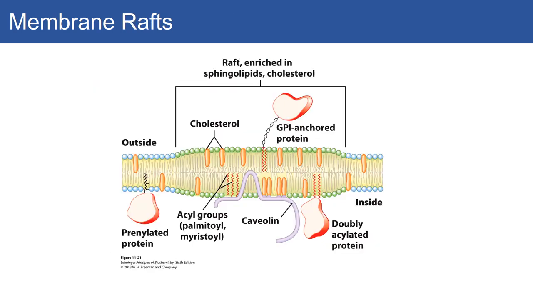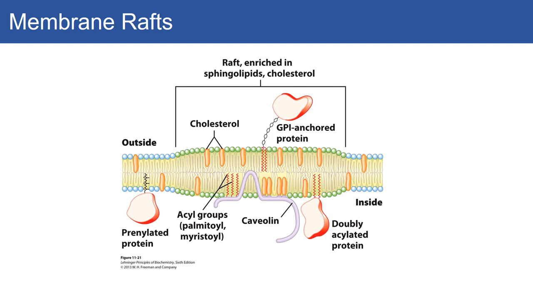One important thing that happens in this membrane, as these proteins are floating around, is that they'll form rafts, which are enriched in sphingolipids and cholesterol. You can imagine these like groups, and these sphingolipids are more favorable for things like GPI-anchored proteins, caveolin, acyl groups, prenylated proteins, doubly acylated proteins.